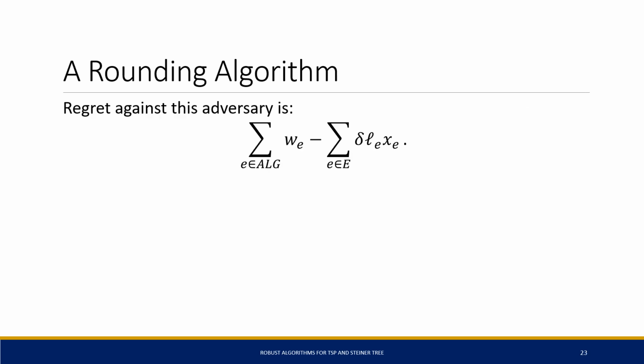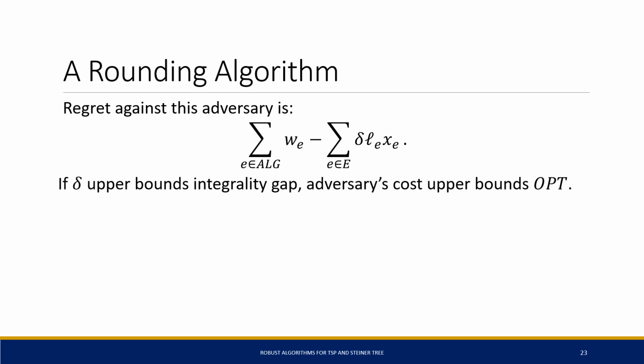So in order to analyze how well this approach is going to do, where we find an approximate solution using weights w_e, we need to understand what opt for this set of weights looks like. And the idea to bound opt is, let's say that delta upper bounds the integrality gap. Then we know that the adversary's cost is an upper bound on opt because the adversary is paying at least the integrality gap times the cost of the fractional solution.